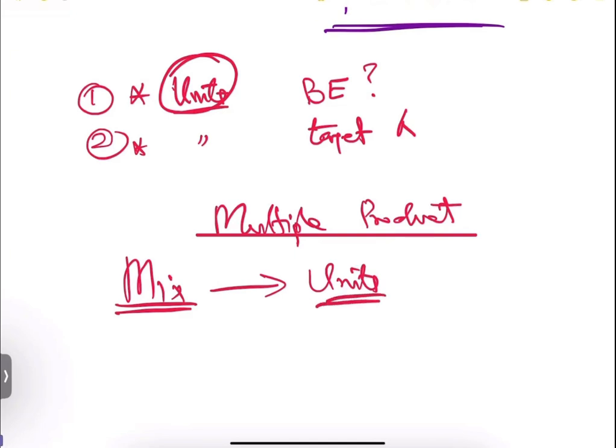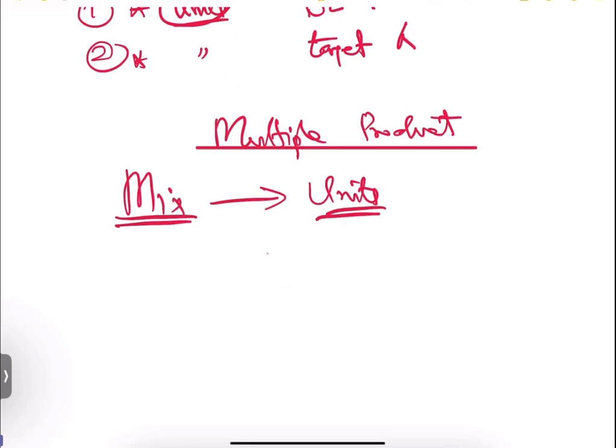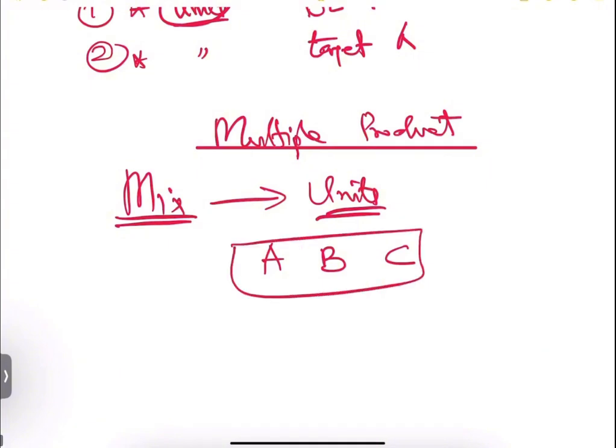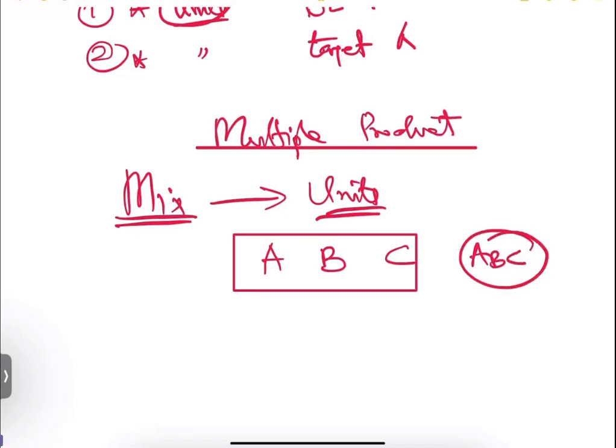Because if you are producing more than one product, then you have a mix of products. Take for instance a company that is selling 3 products, A, B, C. Anytime they are selling, the assumption is that they are selling the 3 products in a mix. The question is, what is the mix?